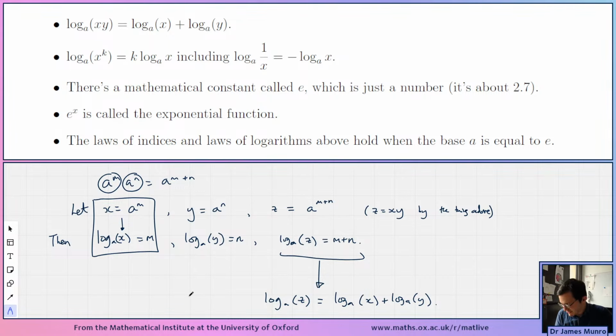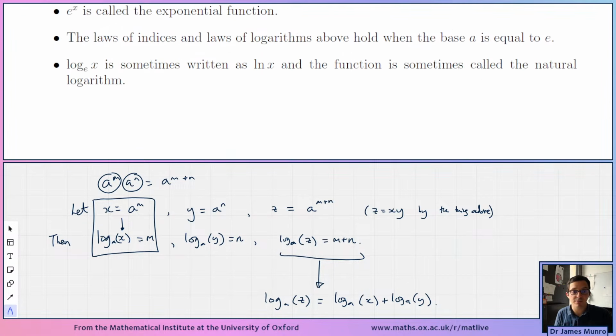For our purposes, it's a special number. It does actually have a nice definition in terms of factorials, but for our purposes on the MAT, it's just a special number. And everything works if you take e to be the base of your logarithms. People sometimes call that natural logarithms, and sometimes write them as ln of x. Although there's this unfortunate truth that only holds pre-university.